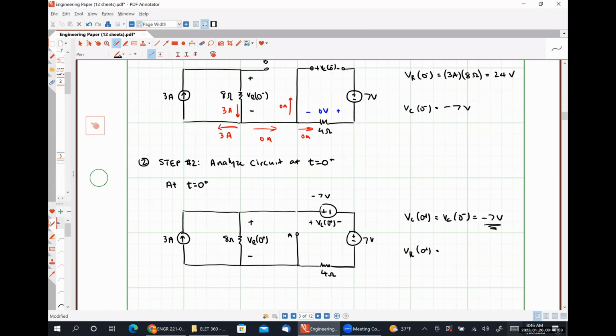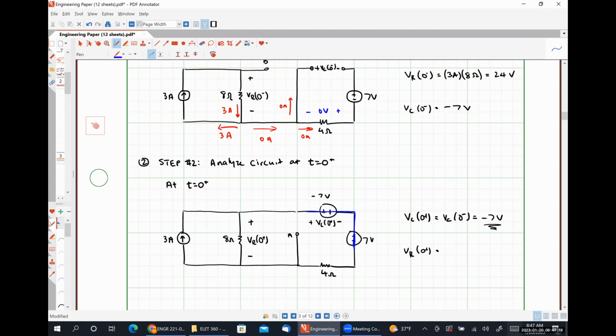So effectively, what was suggested here is that we have the -7 volt source in series with a +7 volt source, so we can combine these two together. Effectively, it's 0 volts, or a short circuit. That short circuit puts the 4 ohm resistor in parallel with the 8 ohm resistor.